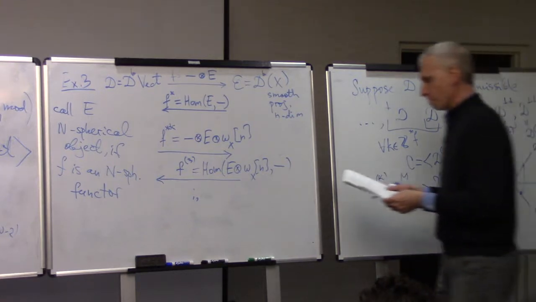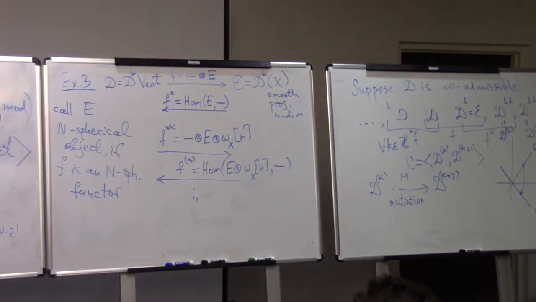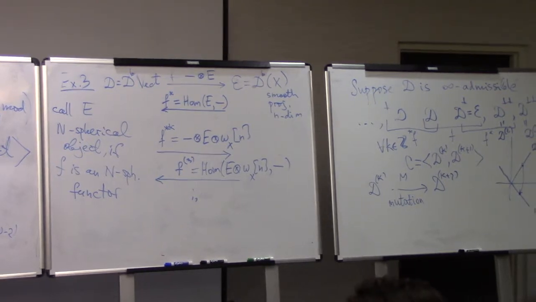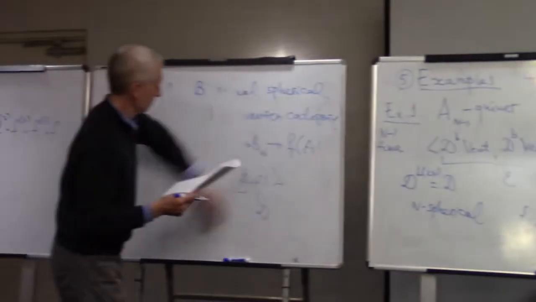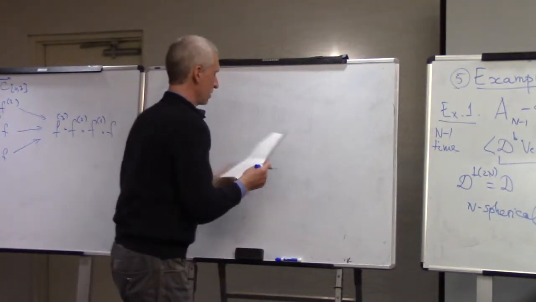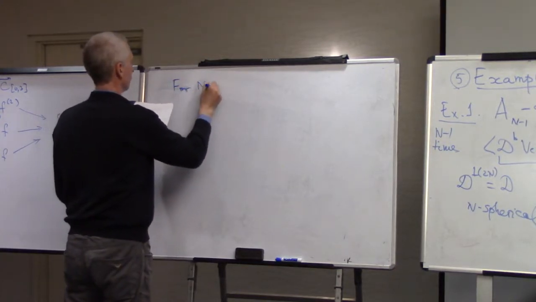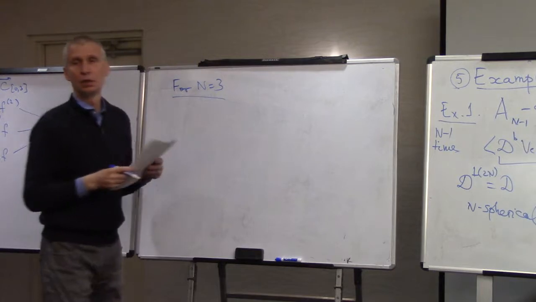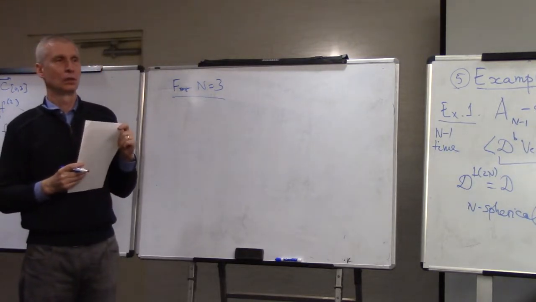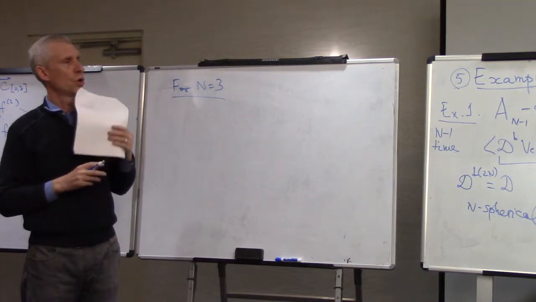So let me write an example of this complex of functors. Let me spell this out in that example, for n equals 3. Can you say what the Ext of an n-spherical object is? What, the Ext of an n-spherical object? I mean, the endomorphism algebra.